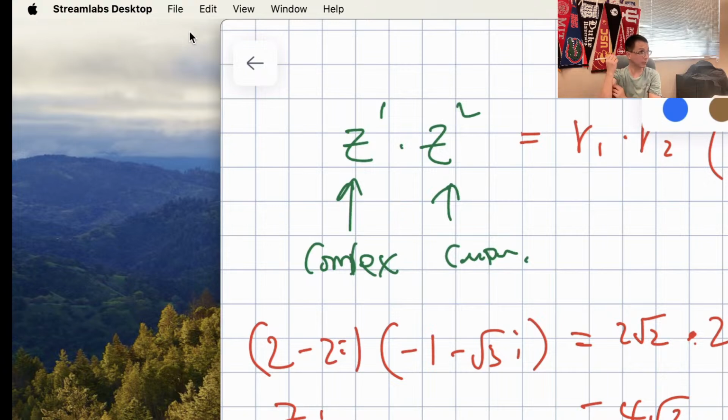Negative 0.96. So 4 root 2 times, give me 3 decimal places. 0.966.